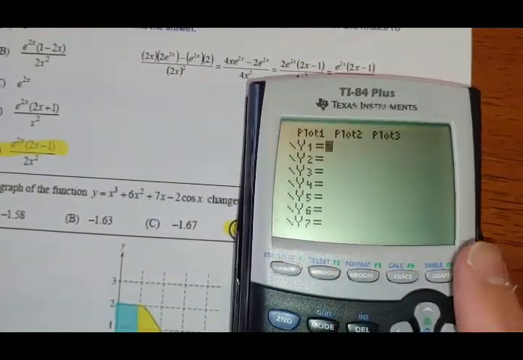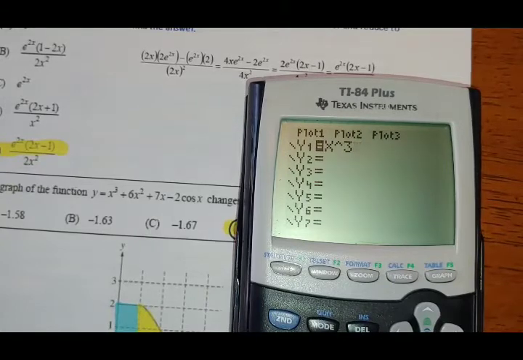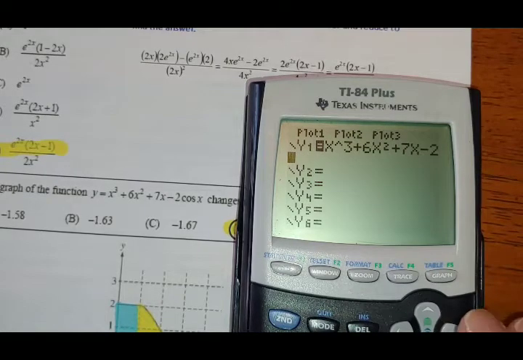So y is equal to x cubed plus 6x squared plus 7x minus 2 cosine x. The first thing you want to be careful of when you're dealing with the calculators is to make sure you have typed that in correctly, because that's going to make a big difference in your answer.